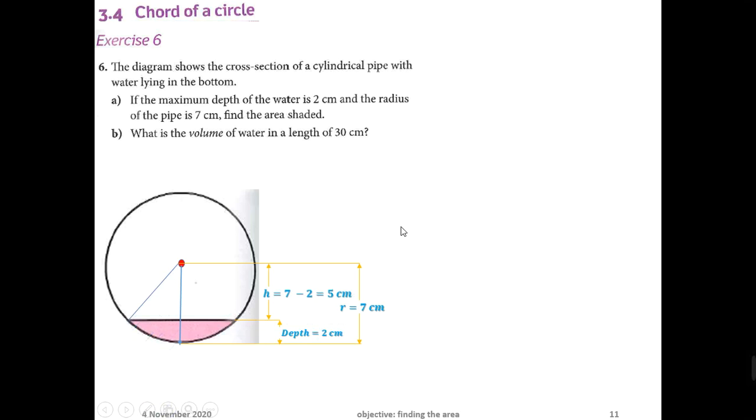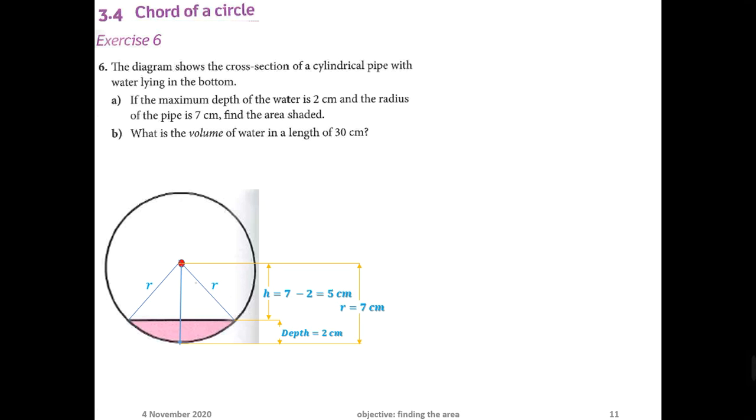Again, the distance from the center to any point on the circumference is called the radius. So this is r, which is equal to 7 centimeters. As you can see here, why did I draw the last two lines?